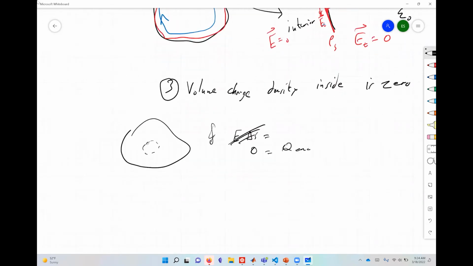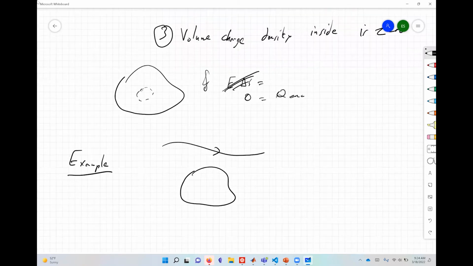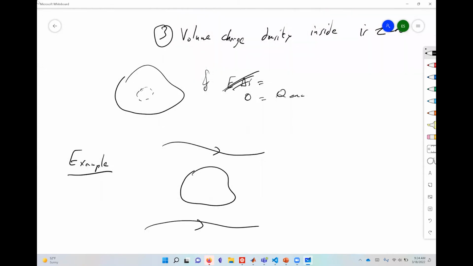So the way you would draw this, I have my conductor, I have my external field. I would draw the field lines like this. Field lines would be coming in, terminating at the conductor at 90 degrees, coming in, terminating at 90 degrees, coming out at 90 degrees.